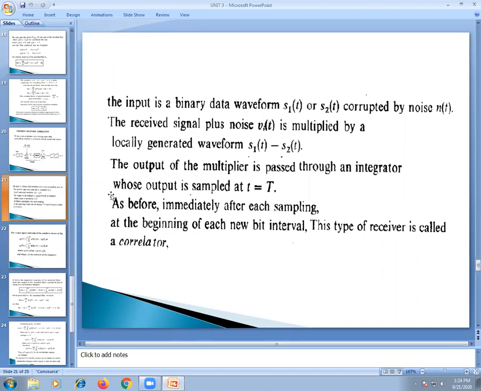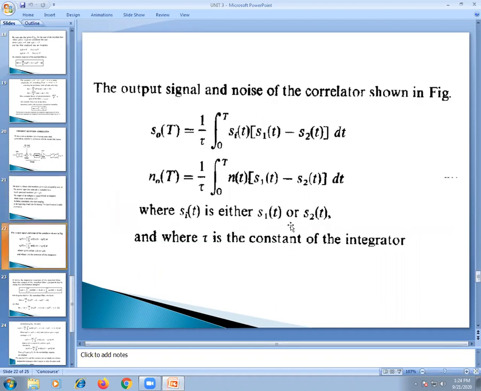Now see the mathematical equations of the correlator. The output signal and noise of the correlator shown in the figure: there is S0 and N0.